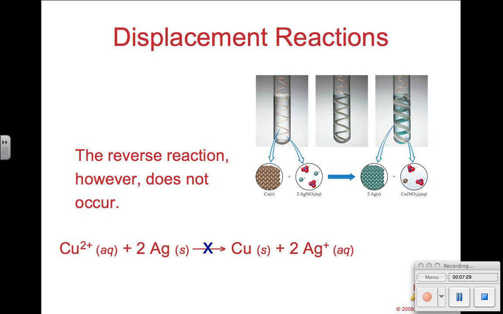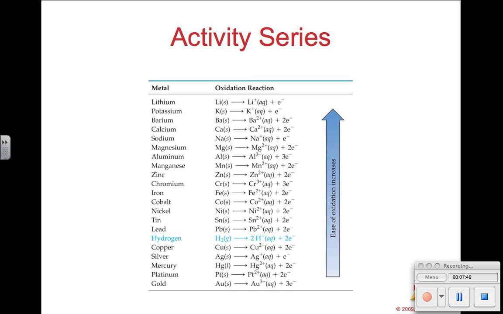One thing to note is that it only goes in one direction when we talk about oxidation reduction. It isn't a reversible reaction. So you couldn't take copper ions, dissolved copper, and put in a piece of silver and see the electrons go the other way. This is related to what is called the activity series, which is a hierarchy of what can be reduced and what can be oxidized.